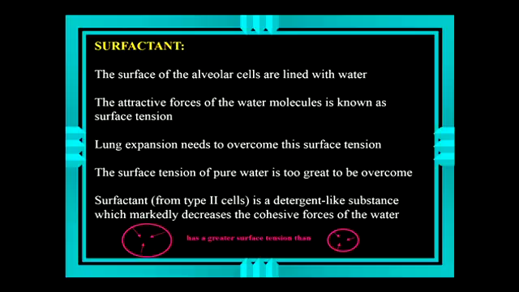Now, if you add detergent to water, it weakens cohesive forces between the water molecules. That's what detergent does. And so you and I produce surfactant, which weakens but not totally abolishes the cohesive forces between these water molecules, thus allowing us to inflate our alveoli and our lungs.